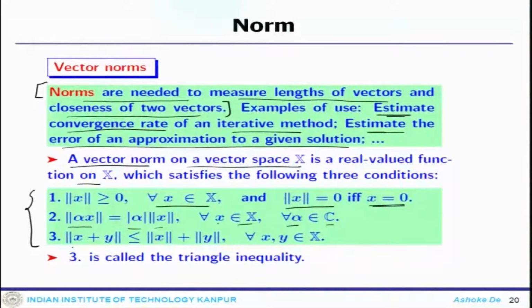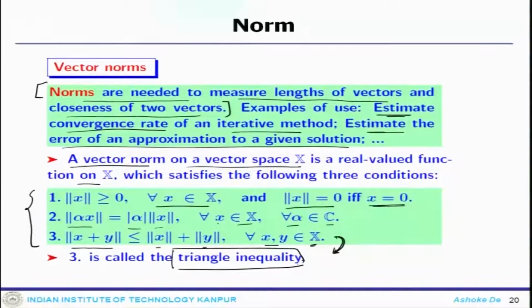Then the norm of x plus y, which is an inequality, must be less than or equal to the norm of x plus the norm of y, for all x and y belonging to the vector space. This inequality property is called the triangle inequality.